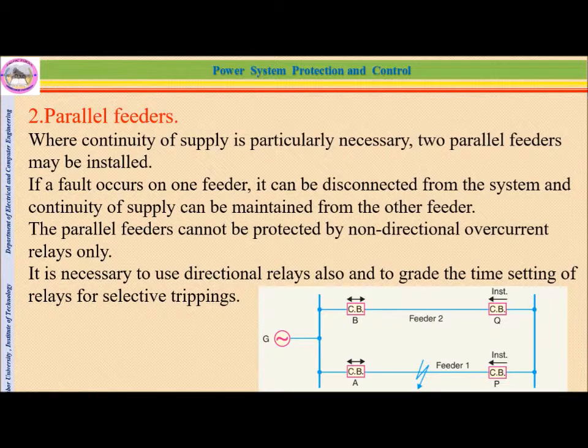The power cannot flow from the substation to the generation. The power must flow from generation to substation, and that's why we use directional relays at points P and Q.